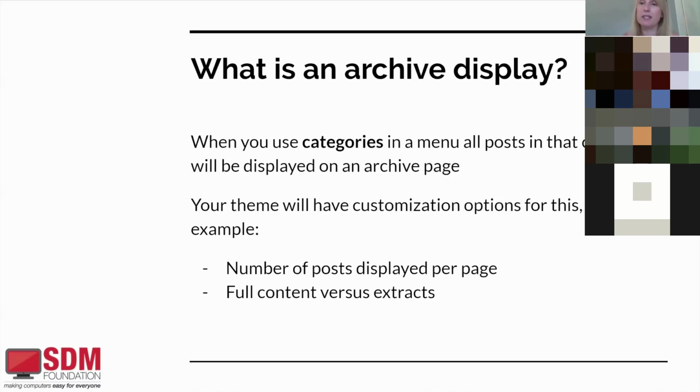It will just take you from one to another. Generally you can do that on a character basis or by using the excerpt function, and that slightly depends on the theme that you're using as to how that's set up.